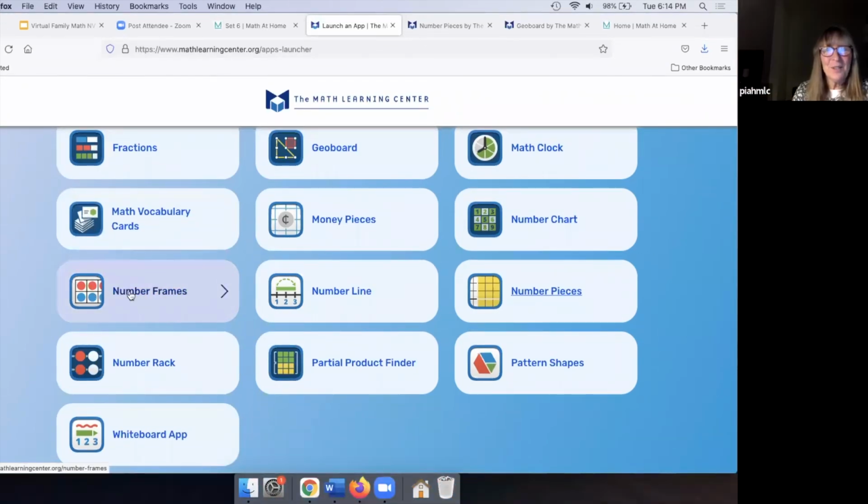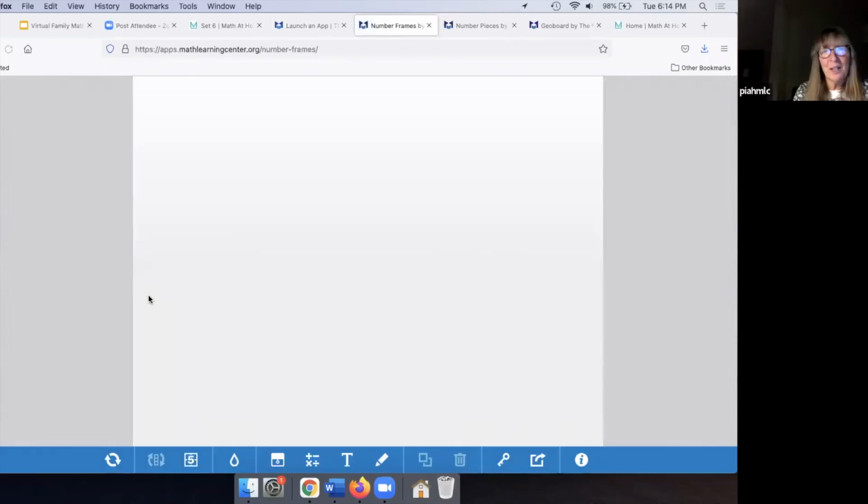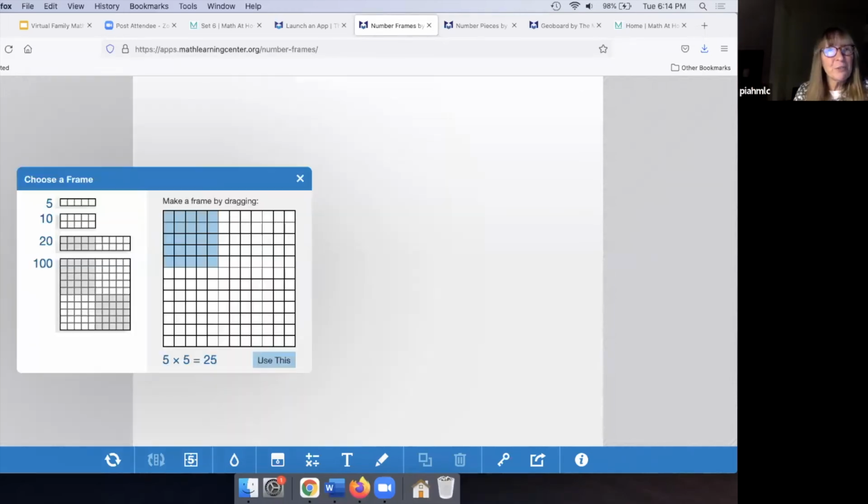Okay. So another app that we could explore is called Number Frames. And from the number frames, I can do a variety of different concepts that could be very helpful for a variety of grade levels. So I open up the page and I can choose the frame.